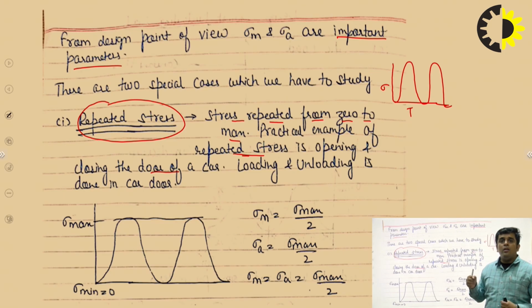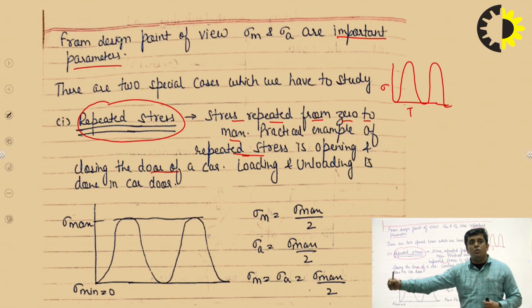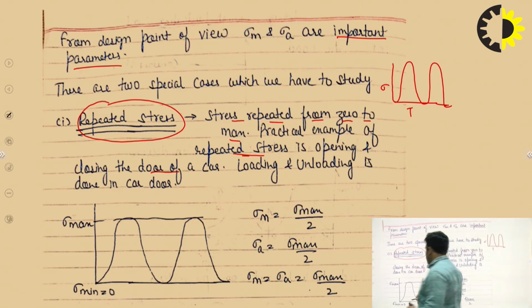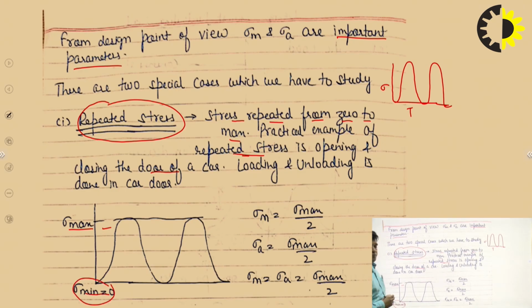You open, maximum, then 0. Maximum, 0. If we see this figure, sigma max and sigma minimum are shown here, but here sigma minimum will always be 0.